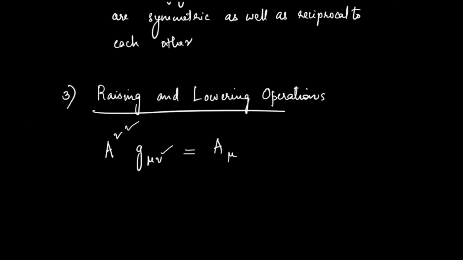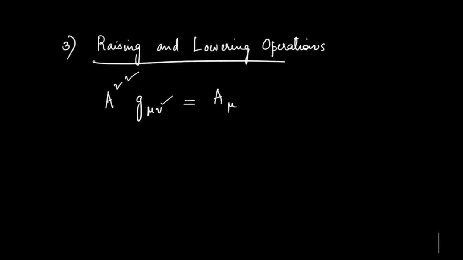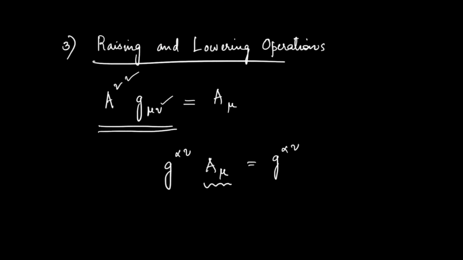Okay. Similarly, what will happen if I multiply G alpha nu, here it is contravariant, by A mu? So I am writing G alpha nu as it is. A mu I can substitute as A nu G mu nu, right? Here I can change the order, there is no issue.